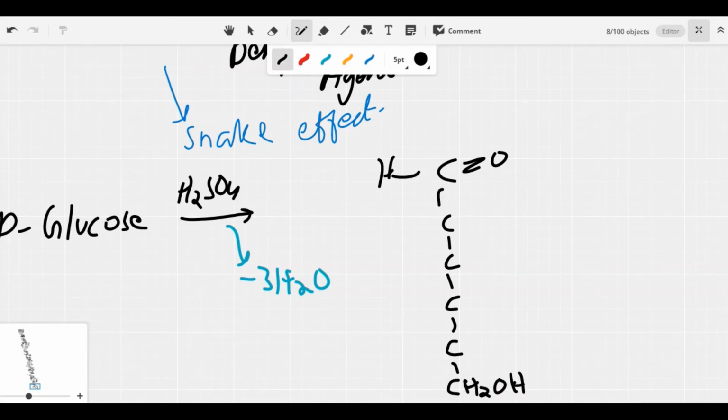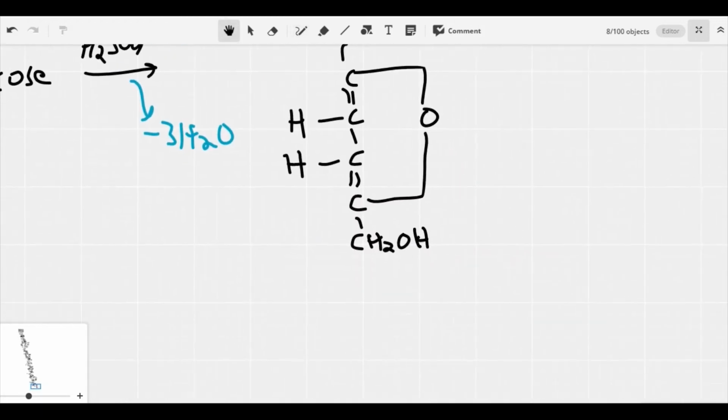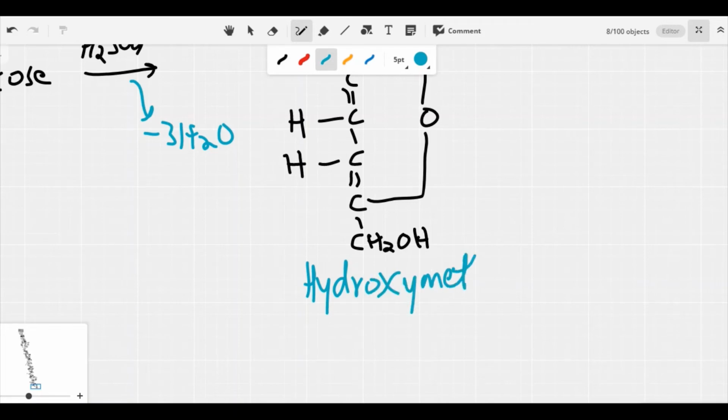Here that is the product formed, and that product name is hydroxymethyl furfural.